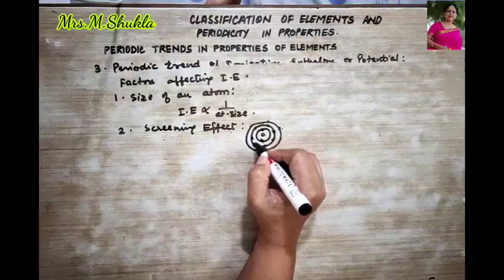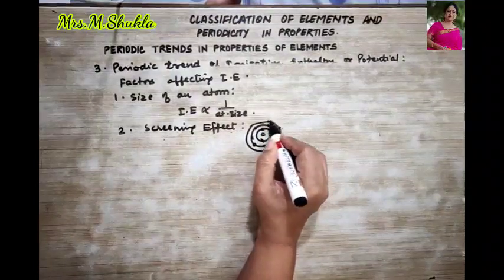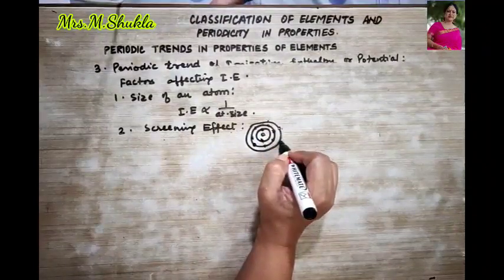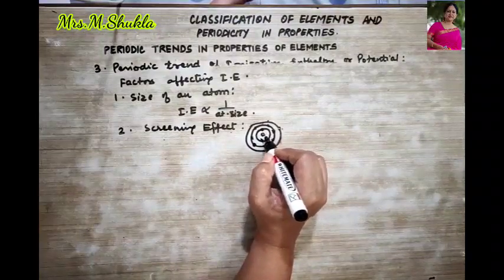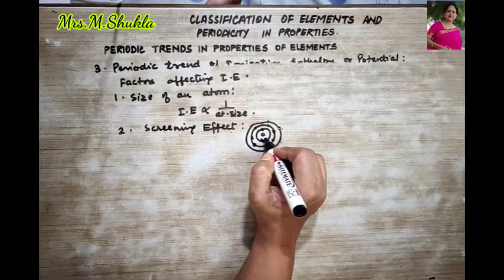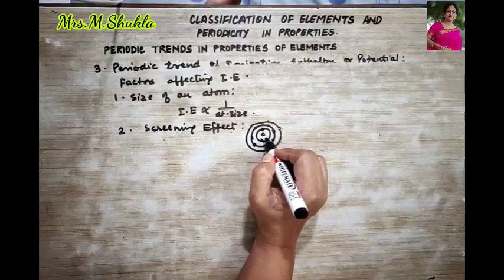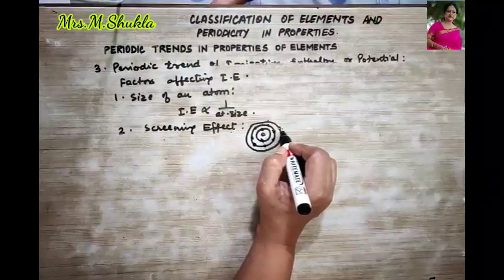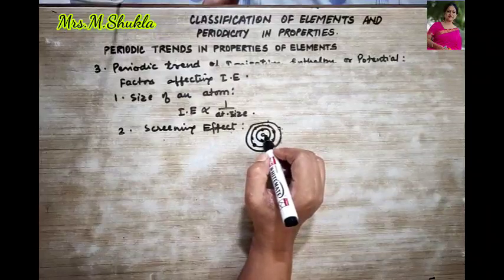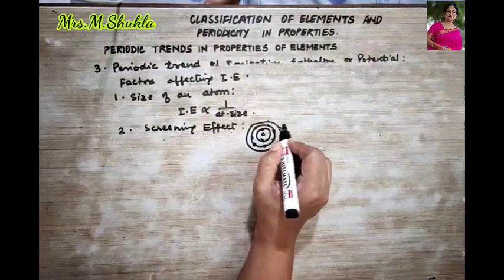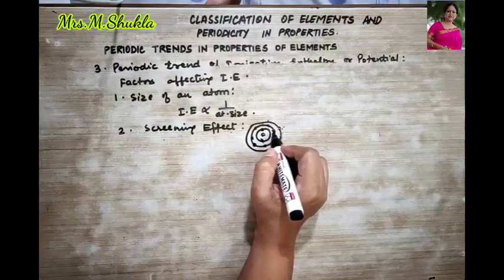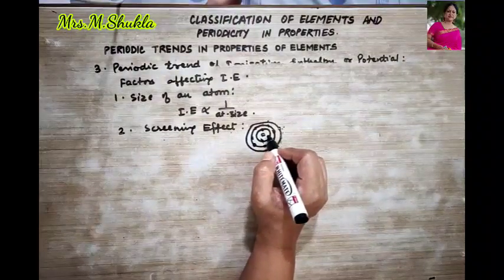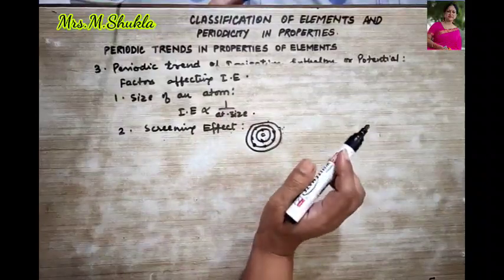Due to these electrons shielding these 2 electrons on the valence shell, the nucleus exerts less force of attraction on the valence electrons, and this is termed as shielding effect or screening effect.